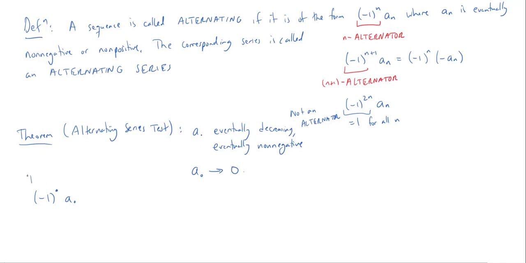Notice the dot allows me to maybe have some different exponents up there other than just n. I can use different alternators. The alternating sequence, negative 1 to the dot times a_dot, which is just going to be negative 1 to the n times a_n. Okay, we want to line these up, okay? Converges.